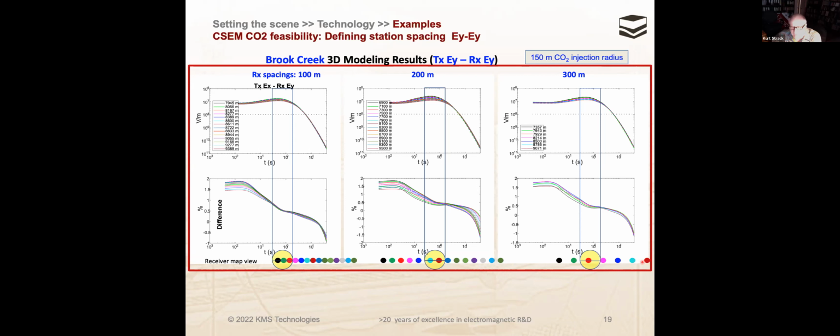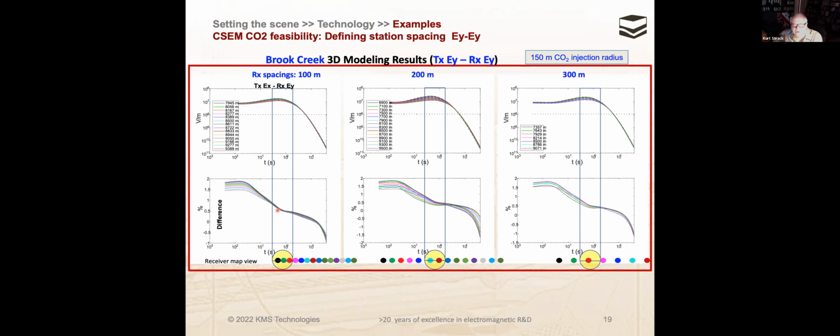We also did 400 meters, and 400 meters looked significantly different. The point I'm trying to make is that in all three cases, if you have a sufficient number of offsets, you will be able to reconstruct these variations and the anomaly from each of the curves.